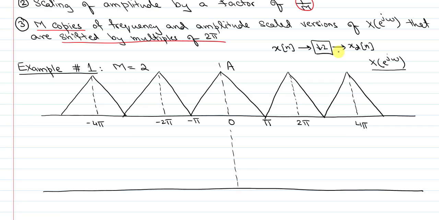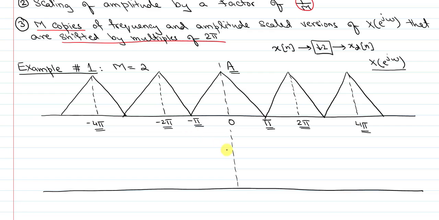The first thing that happens is we are going to get 2 copies. Let's first focus on the first copy. The first copy is going to have the frequency axis scaled by a factor of 2, and it will not be shifted. It will start from 0, and the magnitude will be scaled by a factor of 1 over 2.